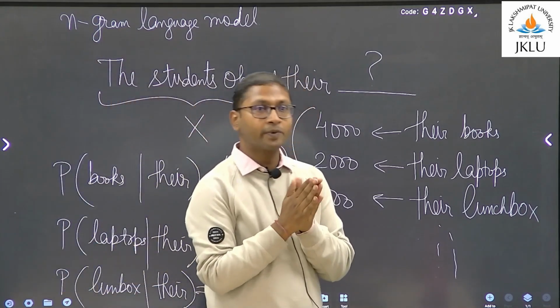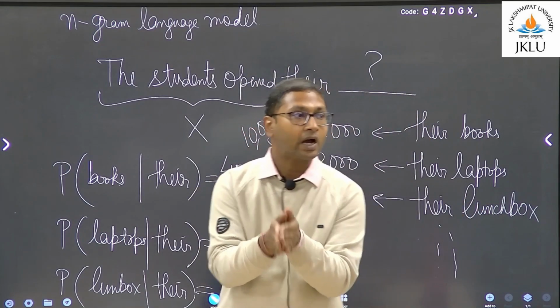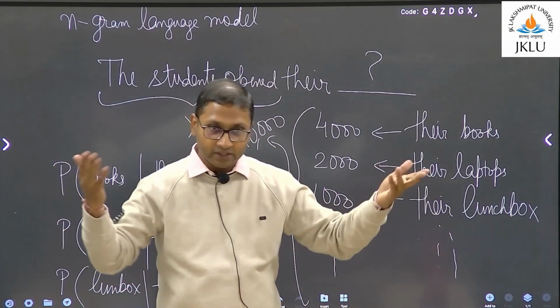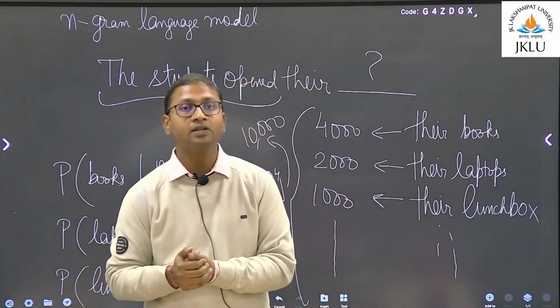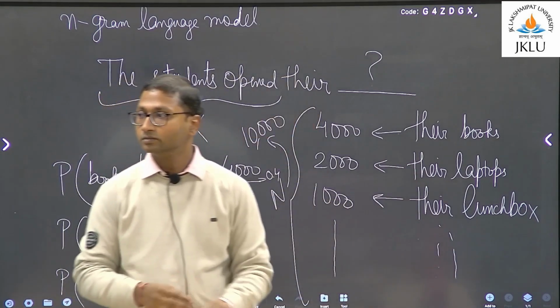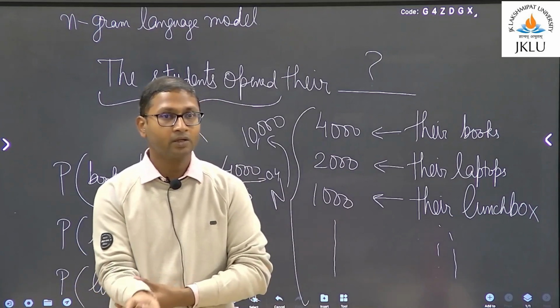So, I do not want probability of 1 to anything because that basically fixes that word. I do not want to assign 0 because just because some phrase is not there in my corpus does not mean it is invalid. Okay. So, what do we do?